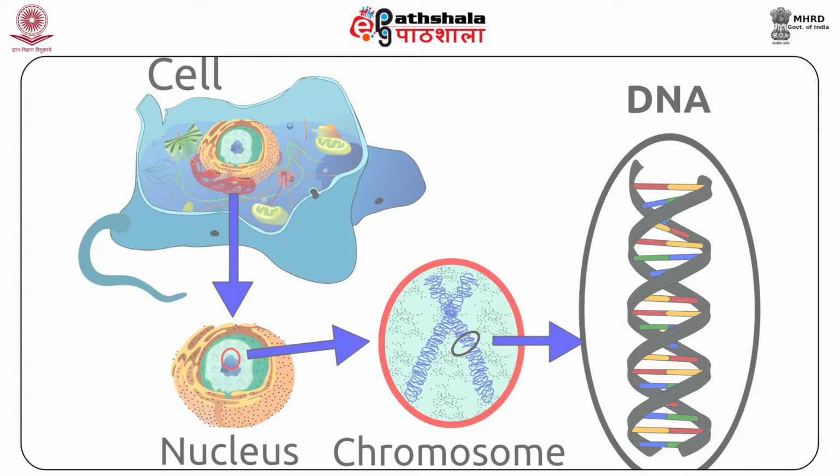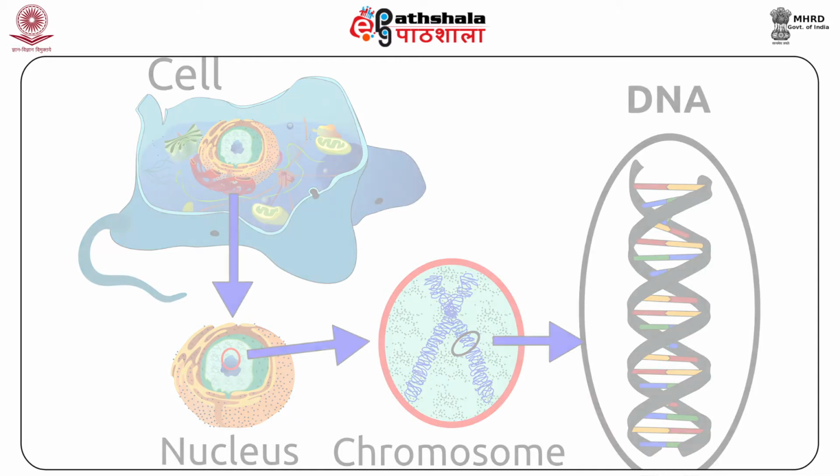Because the cell is very small and because organisms have many DNA molecules per cell, each DNA molecule must be tightly packaged. This packaged form of DNA is called a chromosome.